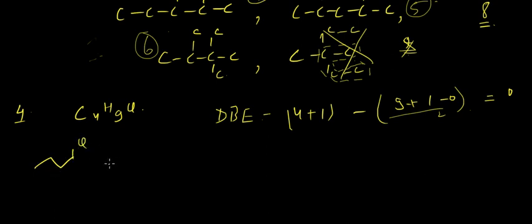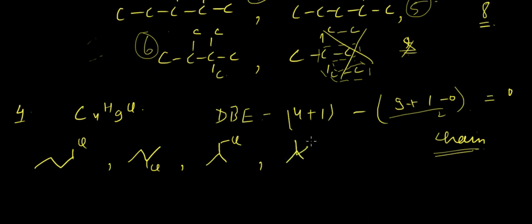Cl can be here, here. This is the four carbon principal chain. Okay, so only chain isomers are possible for this case. Let's talk about when there are 3. So it can be either here or it can be either here. So 4 isomers are possible.